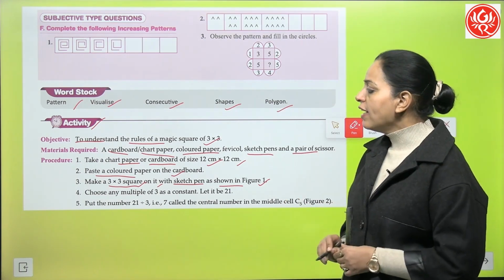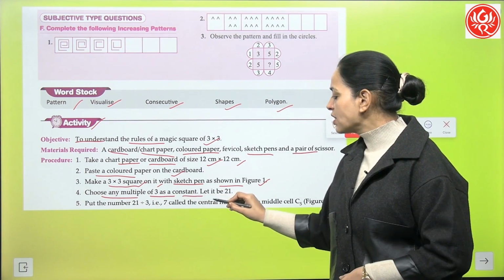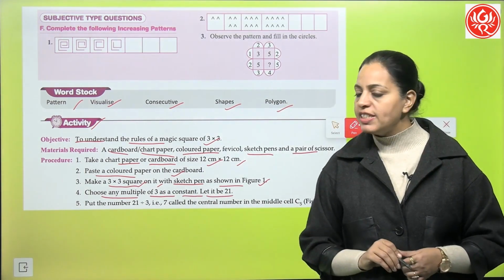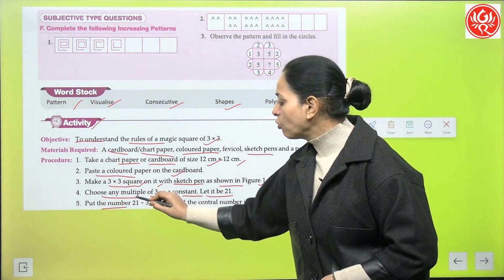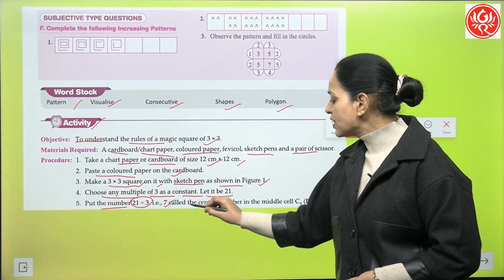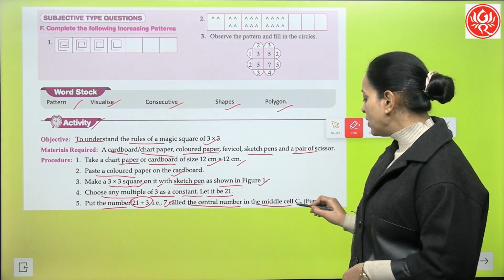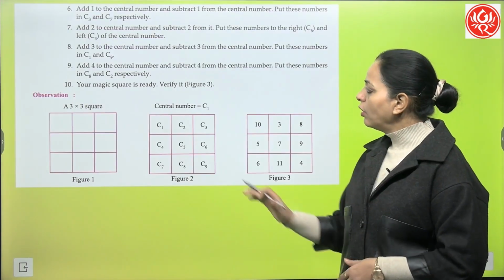Now we will see. Then the fourth one, choose any multiple of 3 as a constant. Let it be 21. Now the fifth one, put the number 21 divided by 3, that is 7, call the central number in the middle cell C5. Look at this.